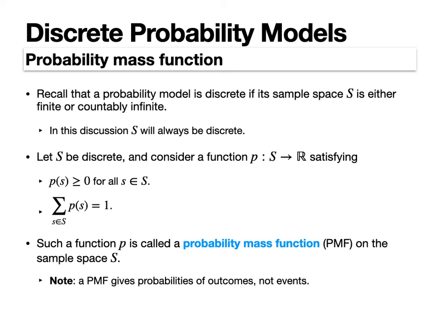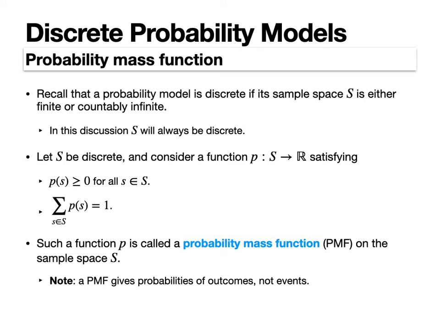First, p of s is at least 0 for any outcome s in S, and the sum of p of s over all outcomes s in S is 1. Such a function is called a probability mass function. What the probability mass function represents is the probability of individual outcomes. So if s is an outcome in S, p of s represents the probability of that individual outcome s.